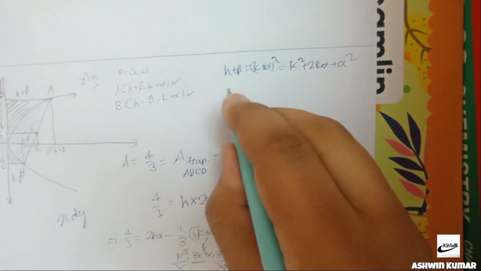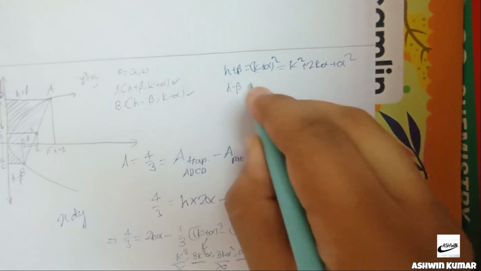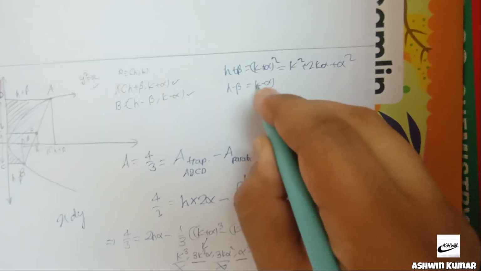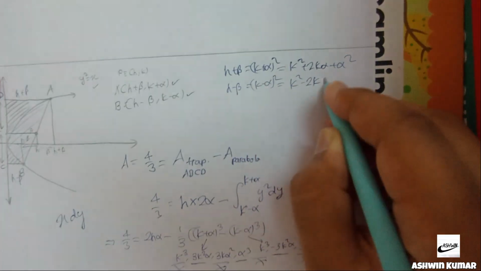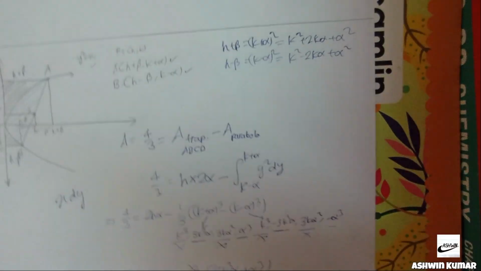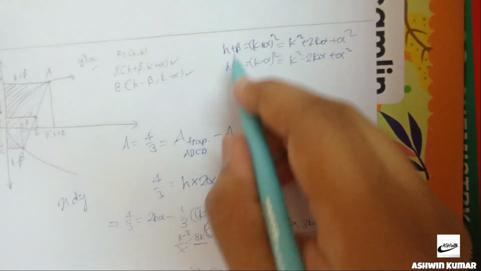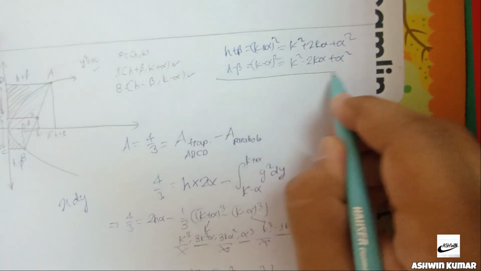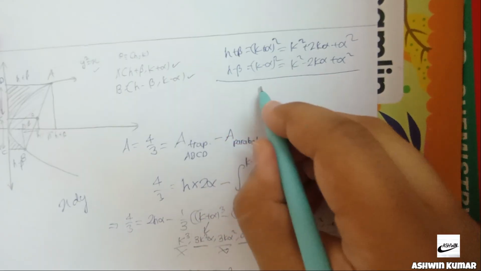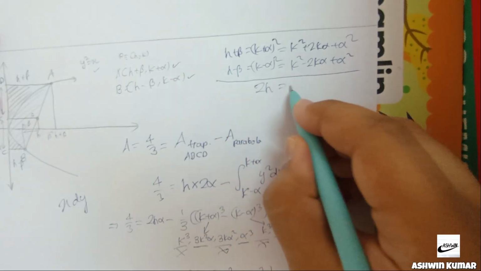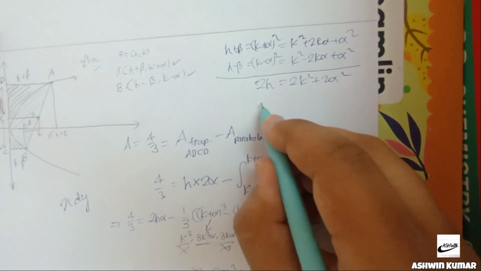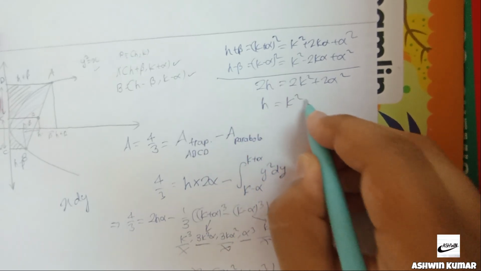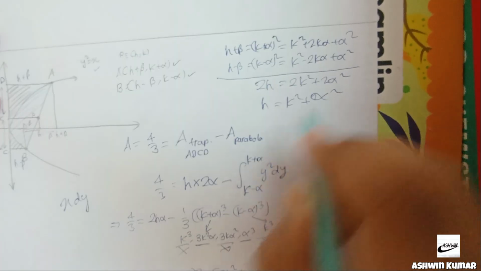Similarly h minus beta is (k minus alpha) square, which is k square minus 2k alpha plus alpha square. Since beta is not appearing, we add them to cancel it. So 2h is equal to 2k square plus 2 alpha square, divided by 2, h is equal to k square plus alpha square.